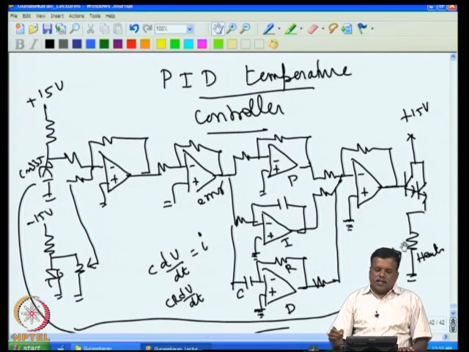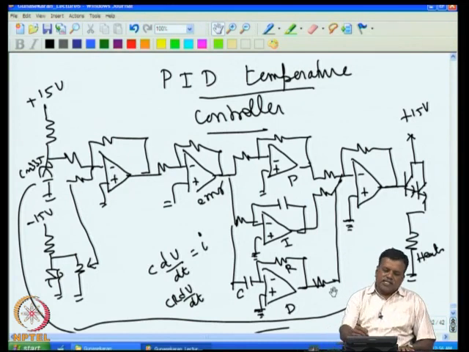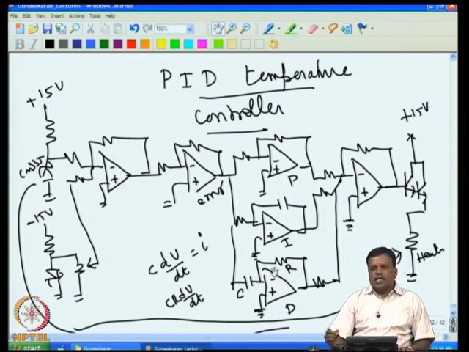So that way the differentiator helps the system to stabilize fast, and invariably we match the differentiator time constant to the sensor time constant, because the sensor time constant will be the lowest.